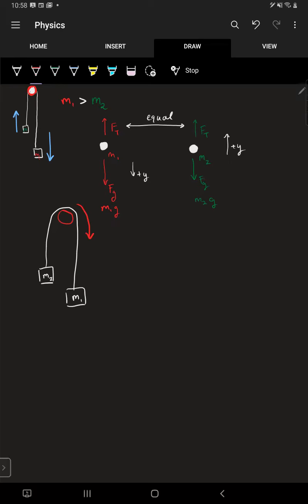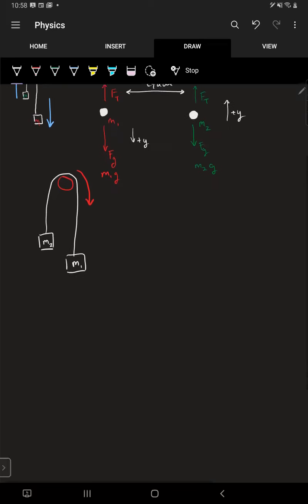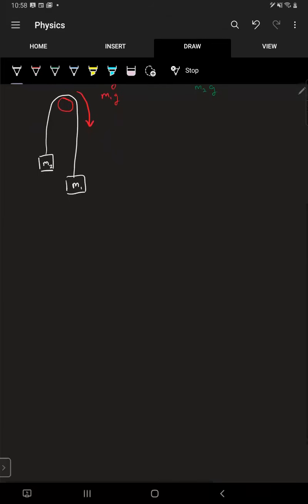So how can we find the acceleration of the blocks given that we have the masses? Let's say M1, okay, let's bring it down here. Finding acceleration. Let's say M1 is equal to 10 kilograms.